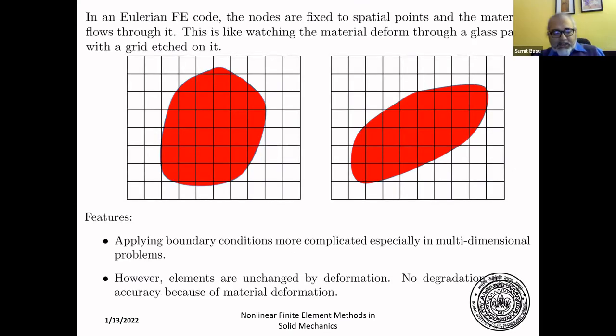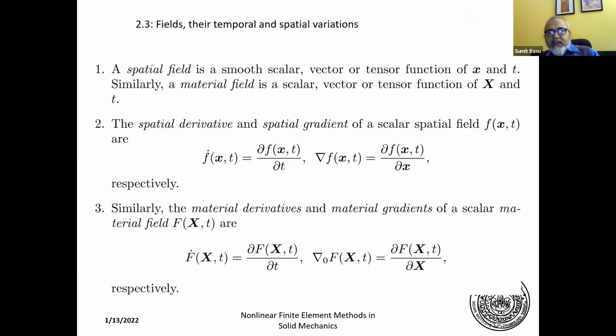So we have to do a little bit more on this capital X and small x business. We will now be able to take different kinds of derivatives. We will be dealing with a lot of spatial fields. Spatial fields are smooth, continuous vector, tensor, or scalar functions of small x and t.